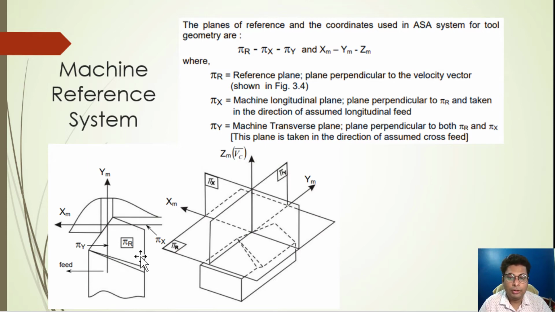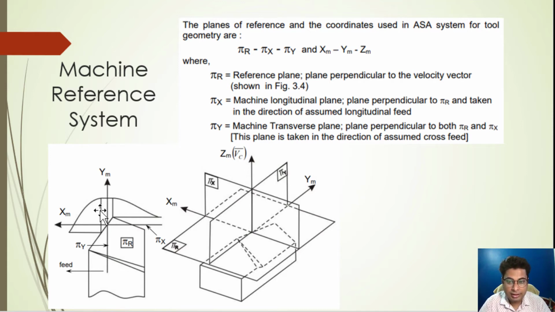The plane on which these axes are considered is my pi r, the reference plane. Now what is the reference plane? The reference plane is the plane perpendicular to the velocity vector.